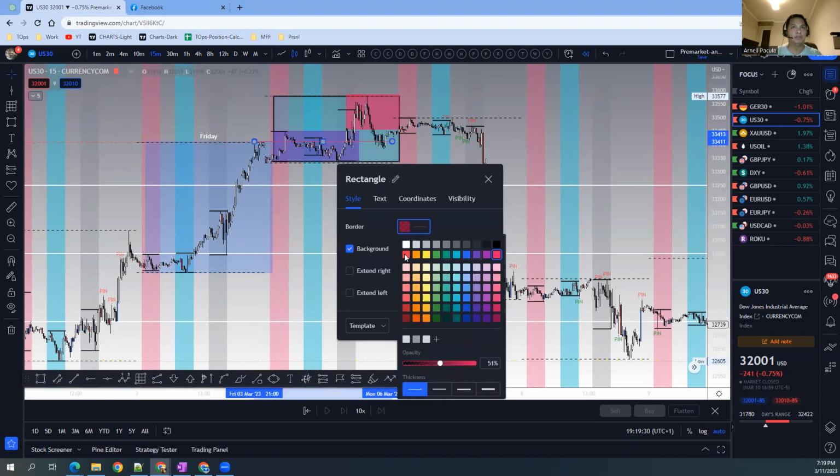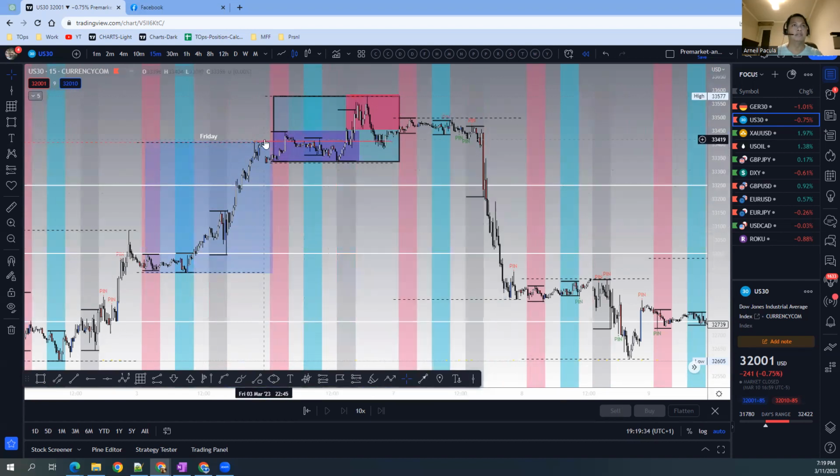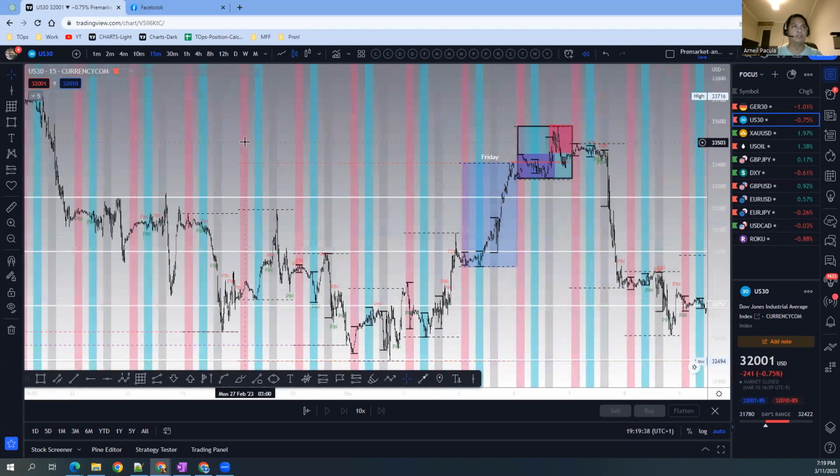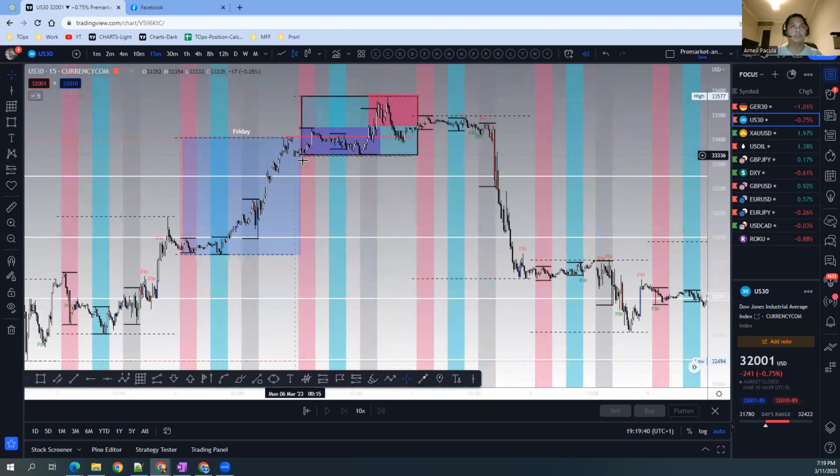So those who set their stop losses just above the high of the previous week, yung mga nag-short dito sa US30, then we have here a stop hunt. Then this is now manipulation phase on this one, and then the next day, Tuesday, we have the distribution phase.